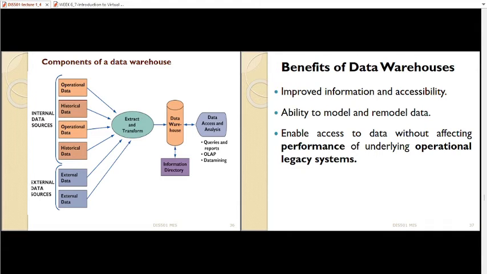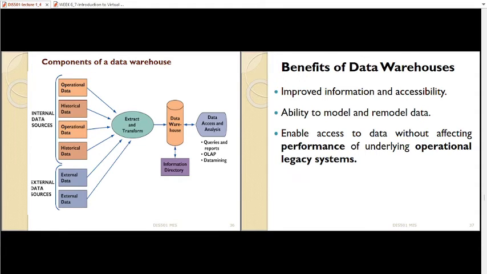So a data warehouse would be expected to have an internal data source. It can also have an external data source. Besides that information we have stored in the data warehouse, maybe from 20 years ago, we might also have another additional pool of data that we have pulled from other related resources, hence the external data source.